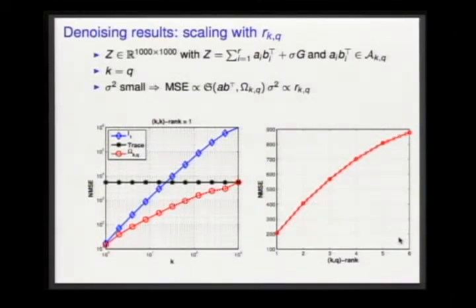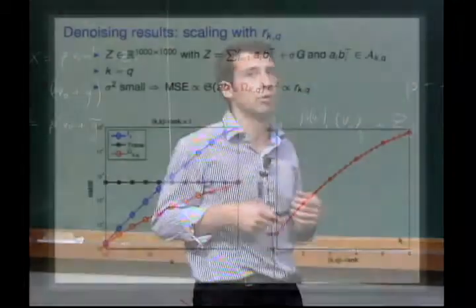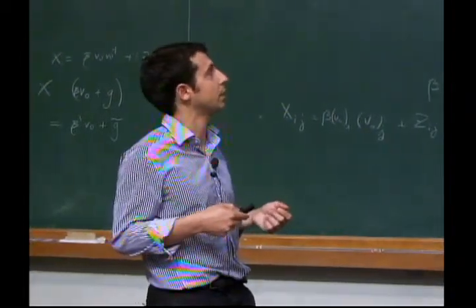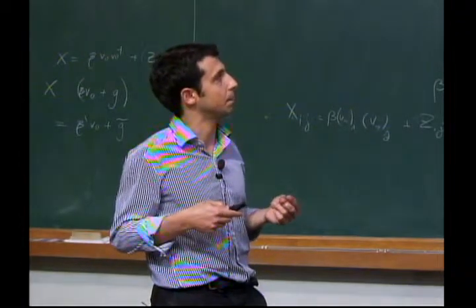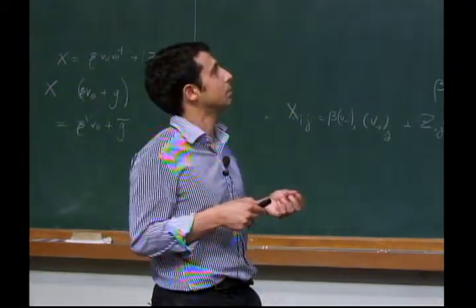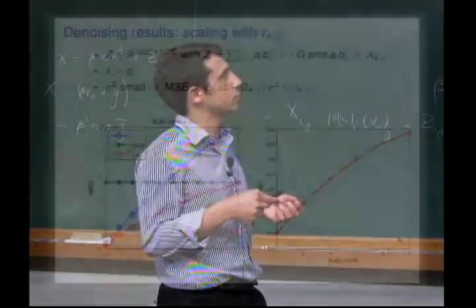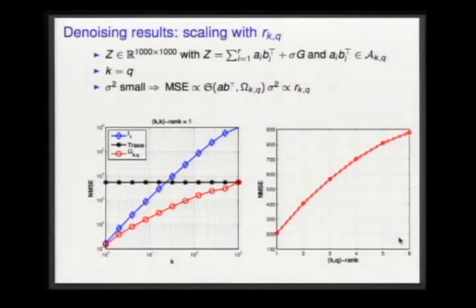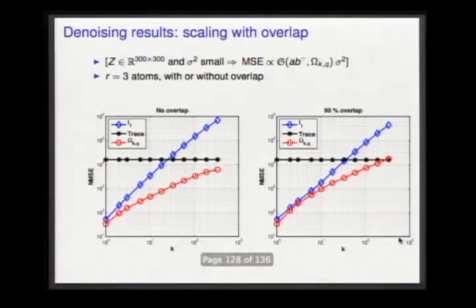We were expecting that when the KQ rank of a matrix gets larger, the statistical dimension should evolve linearly or sublinearly with the KQ rank. We were not able to prove it mathematically because the computations already got very long for a rank 1 atom. But numerically, it seems to be true. So we conjecture that it is true for matrices of rank larger than 1.